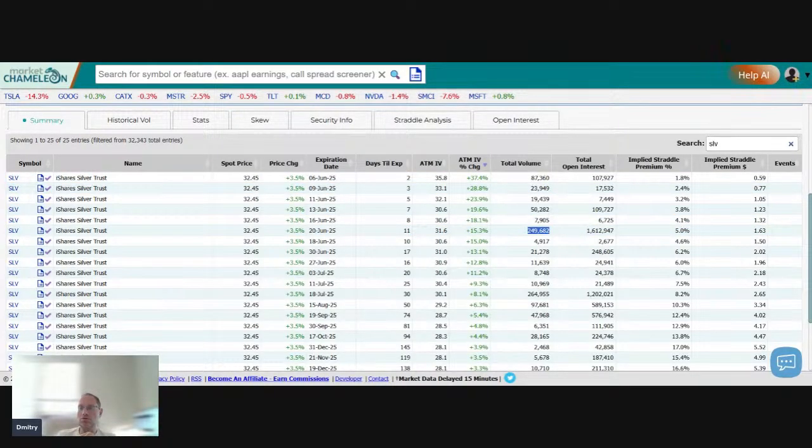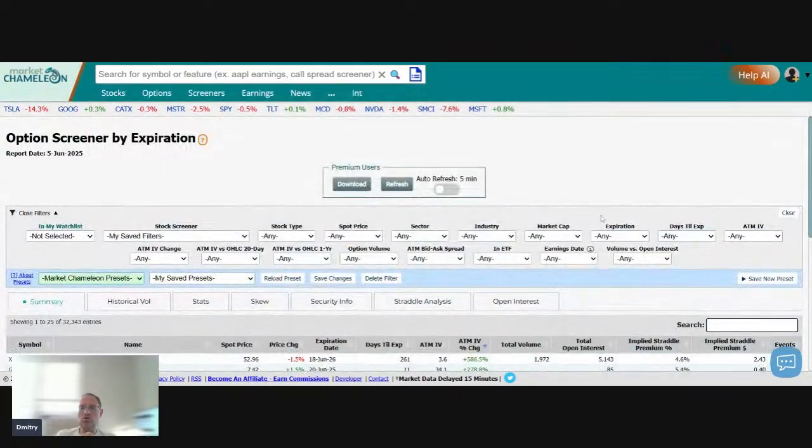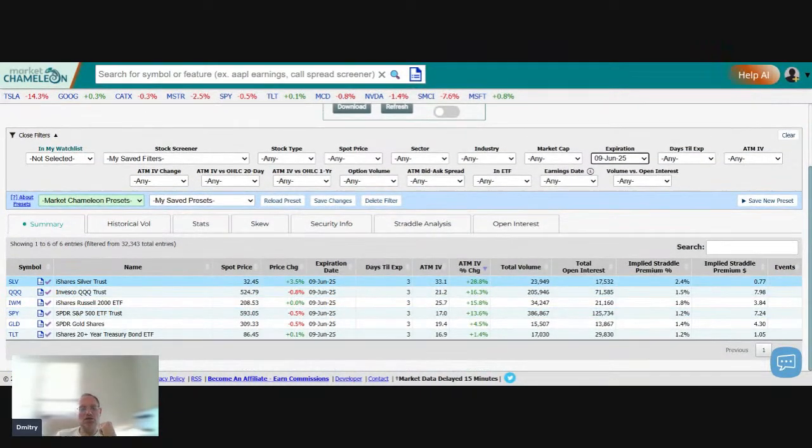I'm going to come back to where we were on June 9th. And now the next column is open interest in June 9th. And this allows us to compare the current volume versus the total open interest in that expiration to give us a sense how active is trading relative to the open interest in the morning.